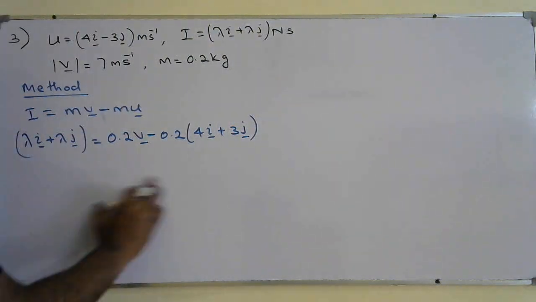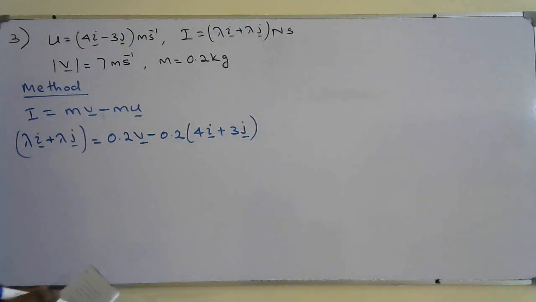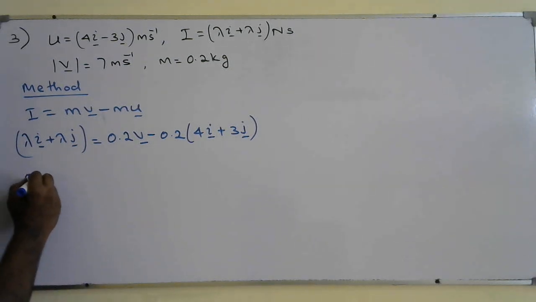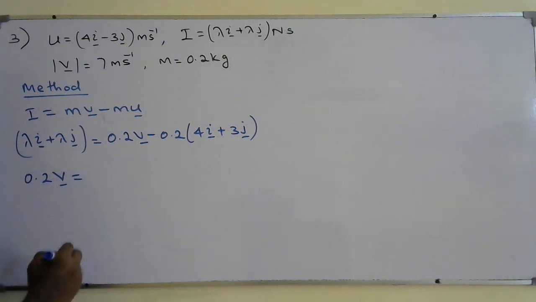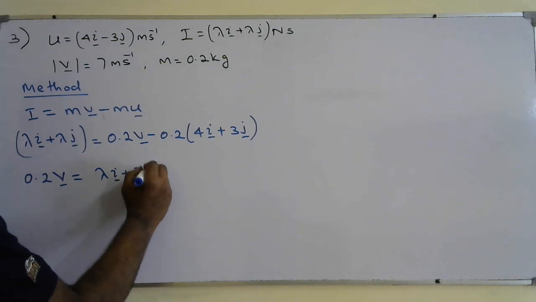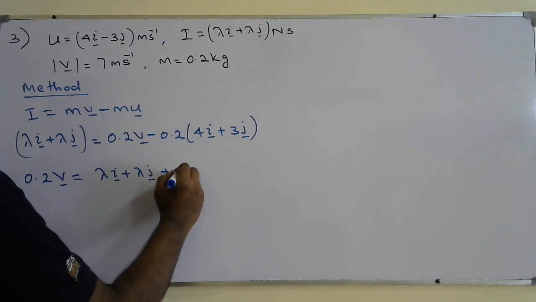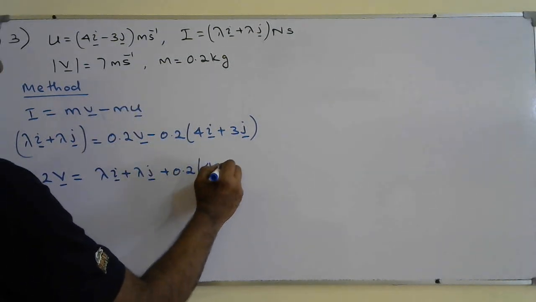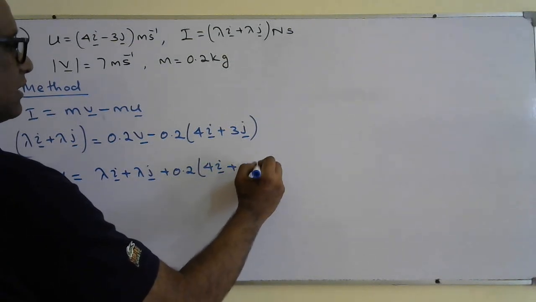Okay, so we can rearrange this. 0.2 v is equal to lambda i plus lambda j, and bring the other term to the left: plus 0.2 times 4i plus 3j.